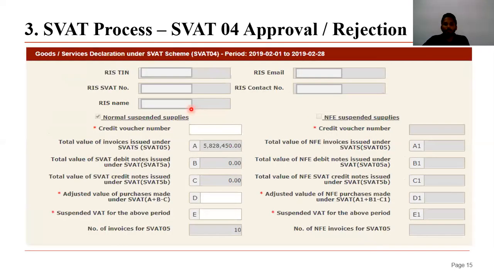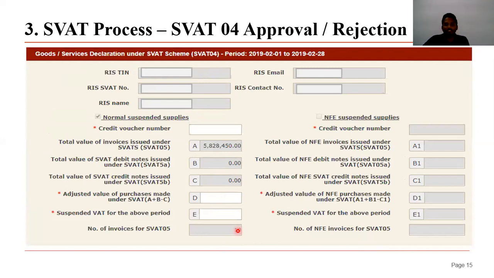Purchaser will approve. This is the approver's point of view. Approver will see this detail: RIS PIN, RIS SVAT number, RIS name, RIS email address, RIS contact number. Then the supplier will see that this is the value, then they need to enter here also the same value. Then the VAT amount. Then 10 invoices.